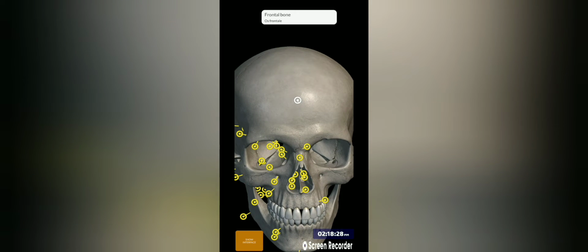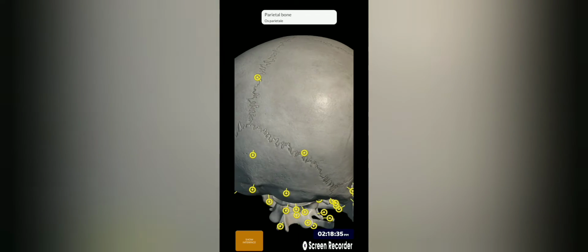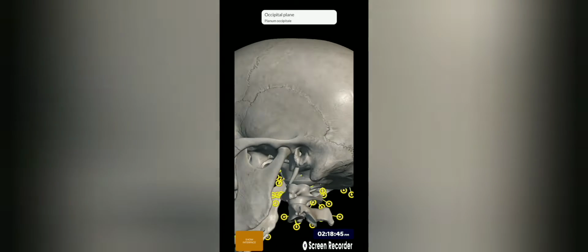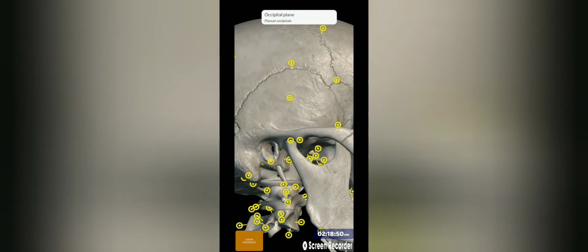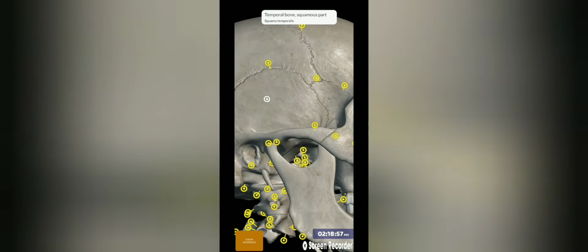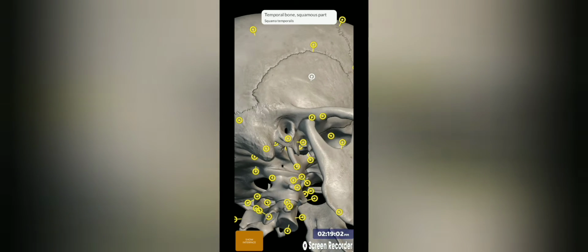This one is the frontal bone. This one is the parietal bone. Parietal bones are paired. This one is an occipital bone. Now this one is a temporal bone. The other paired bones are the malleus, incus and stapes, which are present in our ear.